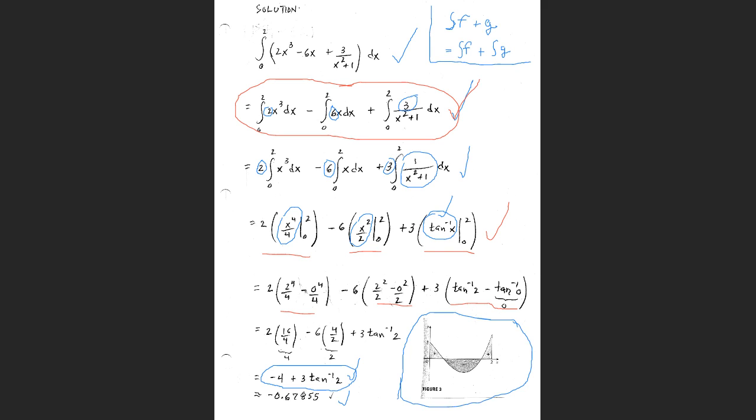It shows the positive area here, and you have negative area here, and positive area there. And the negative area, well, it's pretty close, but it's a little more than the sum of the positive areas, and that's why you get a negative answer for your definite integral, because the definite integral is the net value of all the areas.